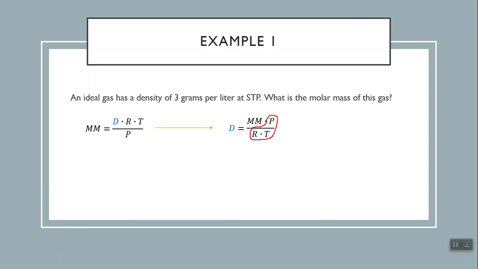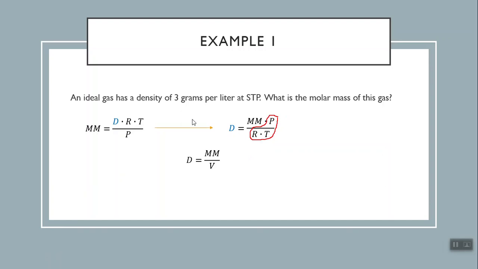So basically, we can take this formula and rewrite it as: density equals the molar mass over the molar volume. What does this look like? It's your typical density formula, density equals mass over volume.